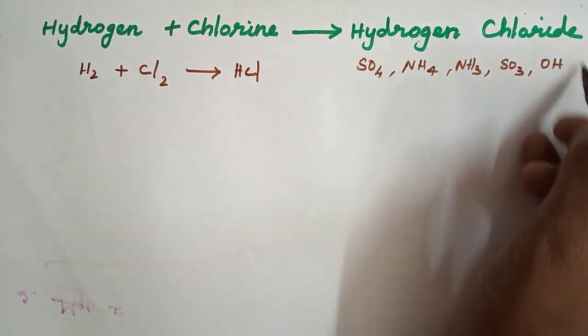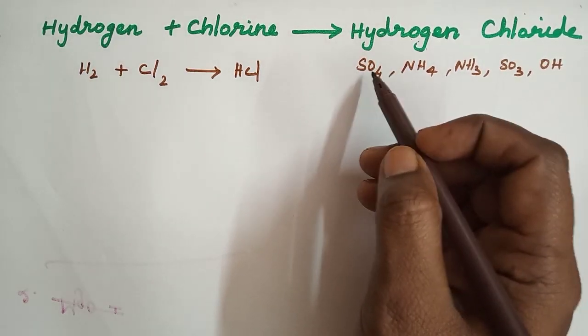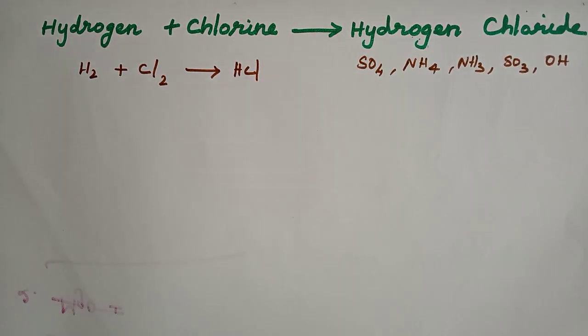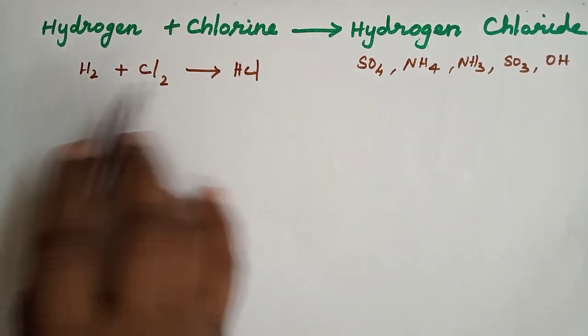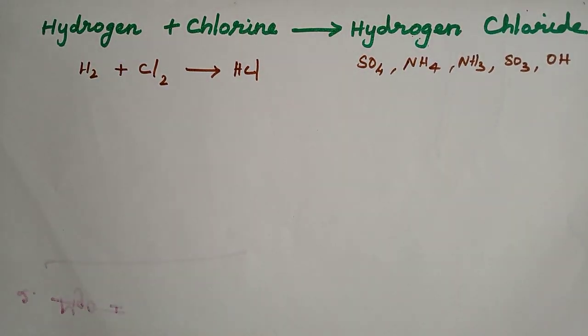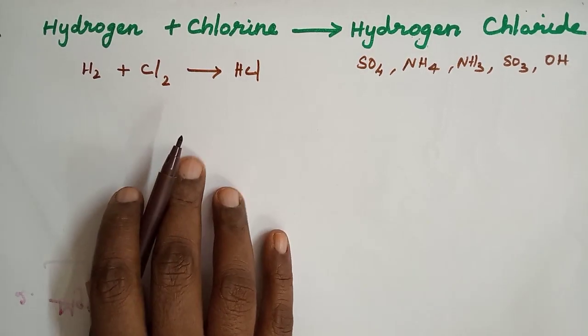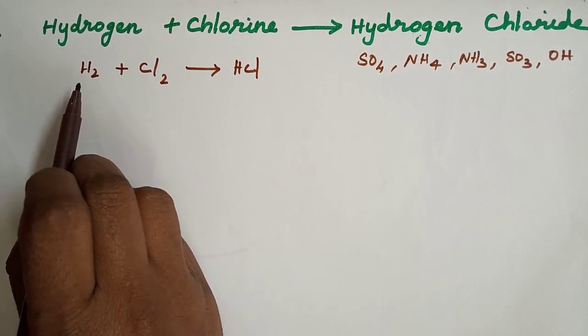These are all polyatomic natures. Two atoms combined together, we are getting one element. Understood? So we have to see this. If it is there, both sides we can balance very easily. Okay, now here it is not there. So what can we do? We can balance.